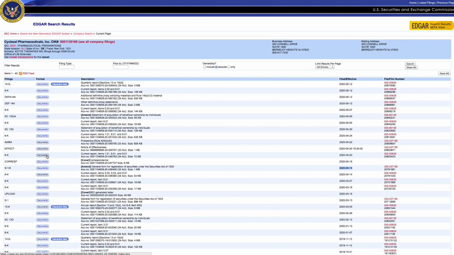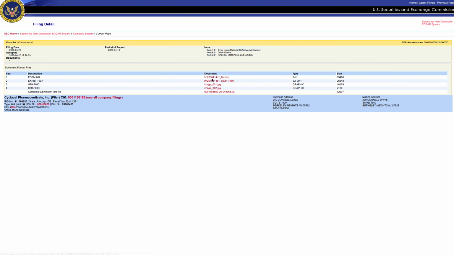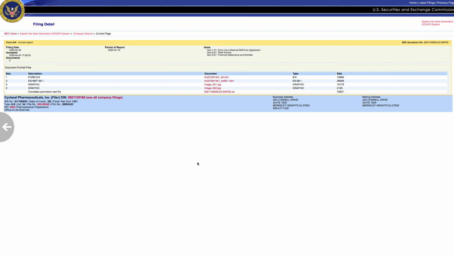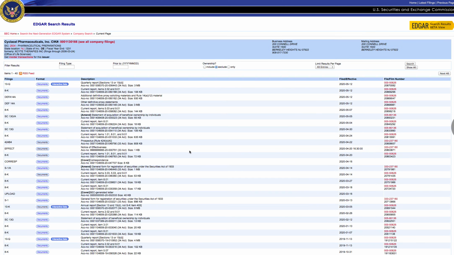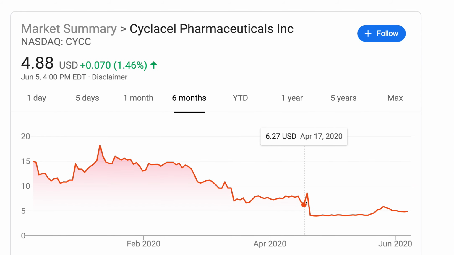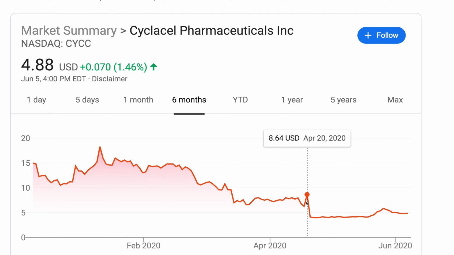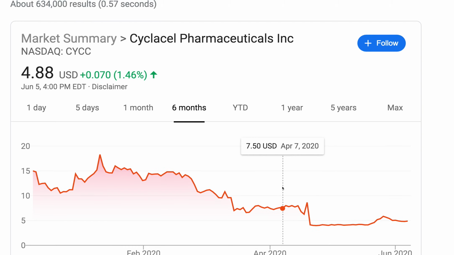So for this one, they came out and they dropped this. On April 19th, CYCC entered into a MTA with the University of Edinburgh. So pretty much they came out with news, knowing that their float's smaller. And sure enough, it jumps up. It jumps up about $2 plus, maybe even $3 in the intraday.